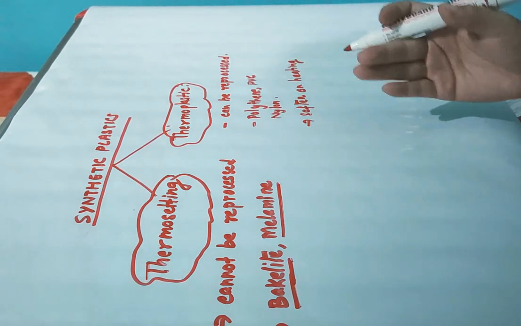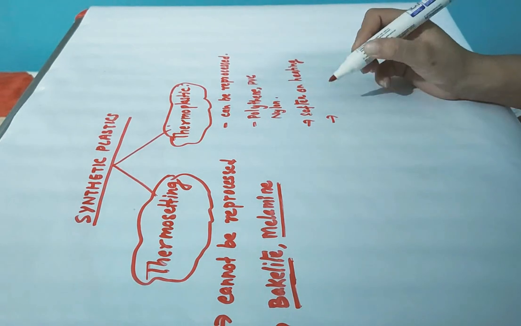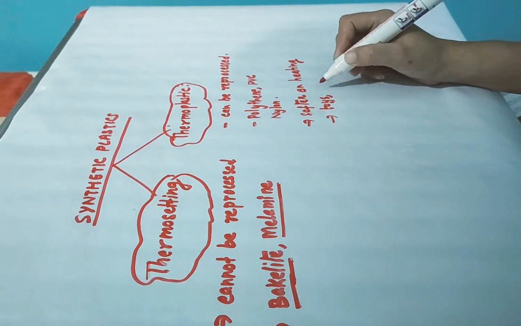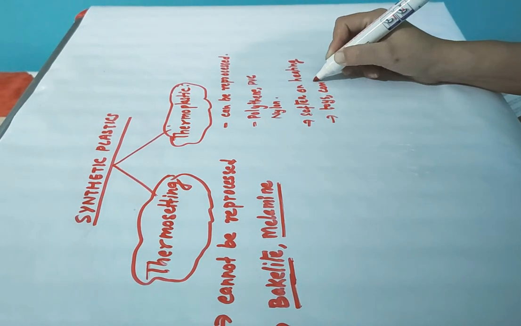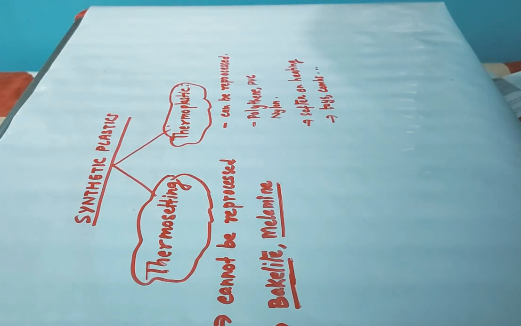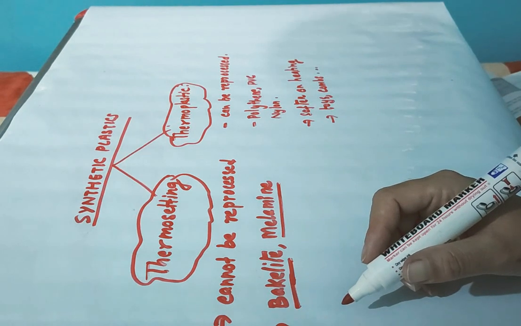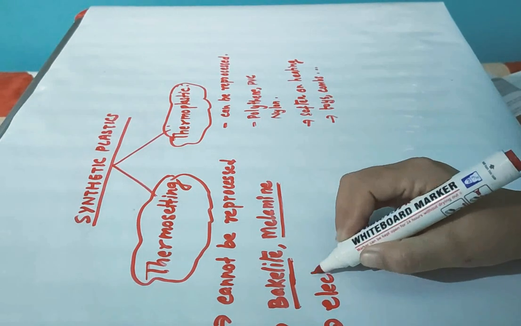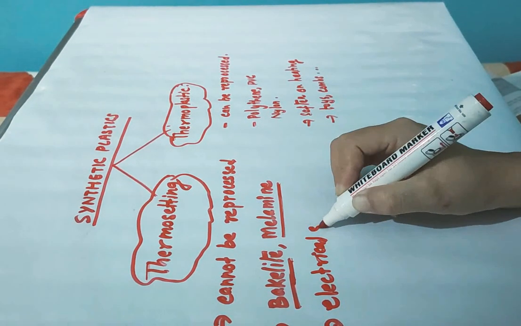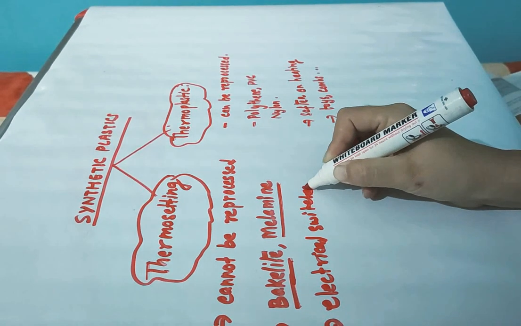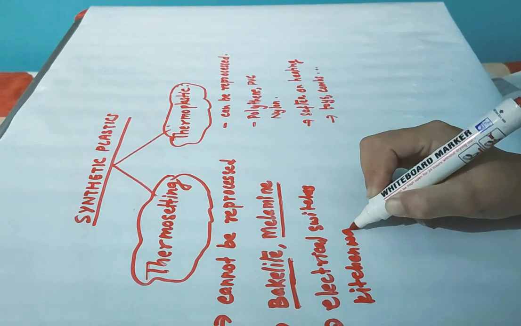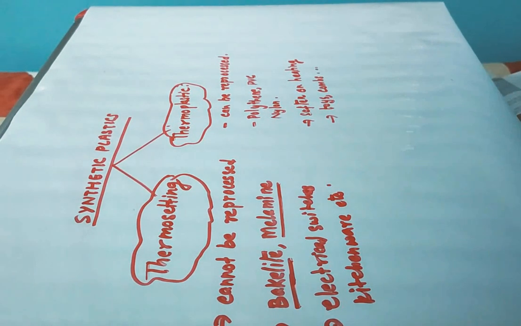And thermoplastics are good for manufacturing toys and combs and many other things, types of containers, pipes, etc. And on the other hand, thermosettings are usually used for making electrical switches, kitchenware, etc.